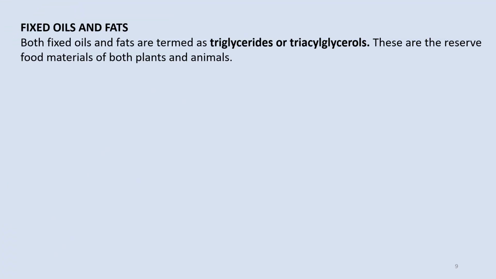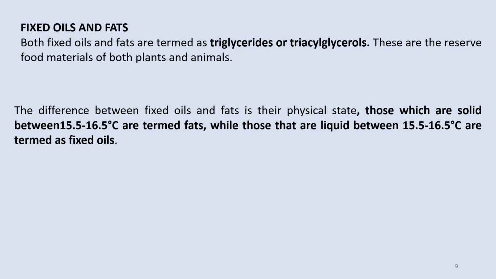Fixed oils and fats, when we talk about them, both are termed as triglycerides or triacylglycerols. These are the reserve food materials of both plants and animals. The difference between fixed oils and fats is their physical state.